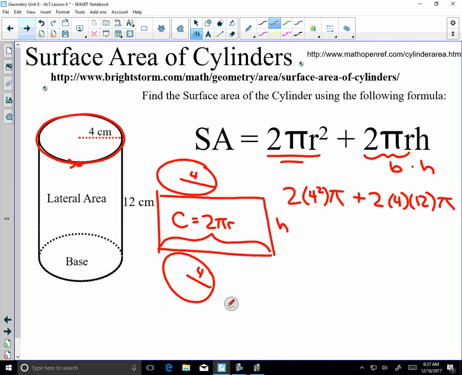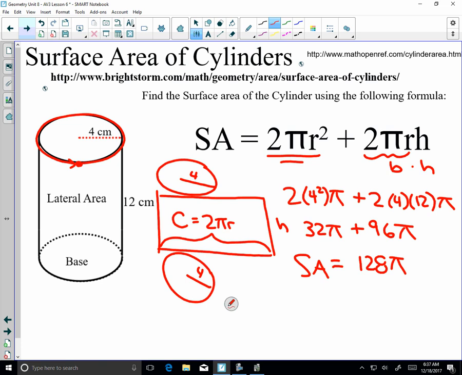So 4 squared is 16. 16 times 2 is 32 pi, plus 4 times 12 is 48. 48 times 2 is 96 pi. Okay, and then we finish up our surface area by putting those pieces together. So we get 128 pi.